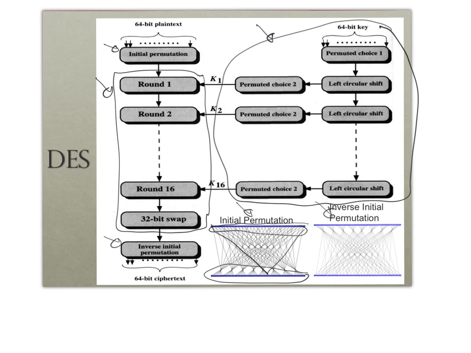The subkey generator is based on taking the key. This key is 56 bits. In fact, this particular key is padded to become 64. Okay?